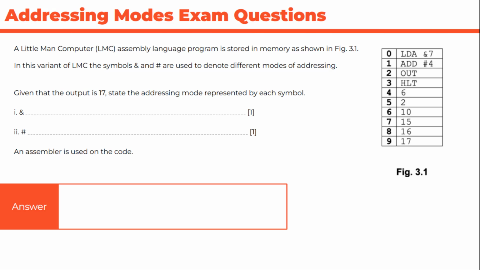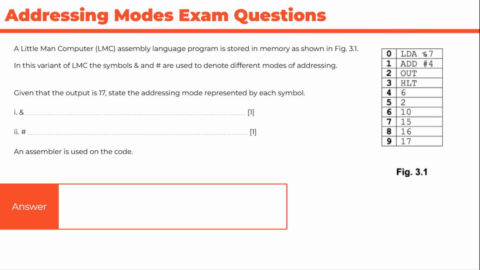Given that the output is 17, state the addressing mode represented by each symbol. So we can see here right at the top, we've got the first one, ampersand, that is 7. So it says LDA ampersand 7. So what I would do here is actually put in some numbers and try and dry run it to see which addressing mode it actually is.